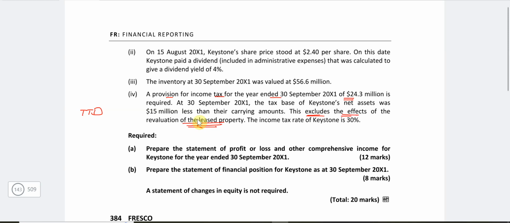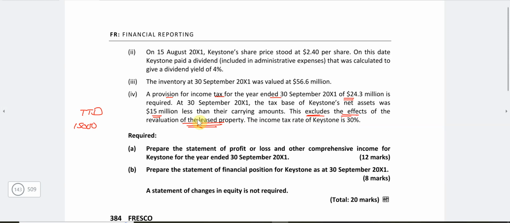That means in order to calculate the closing deferred tax, we need to add the gain within this temporary difference. This 15,000 excludes the revaluation of the lease property. This is what the examiner has clearly stated over here.